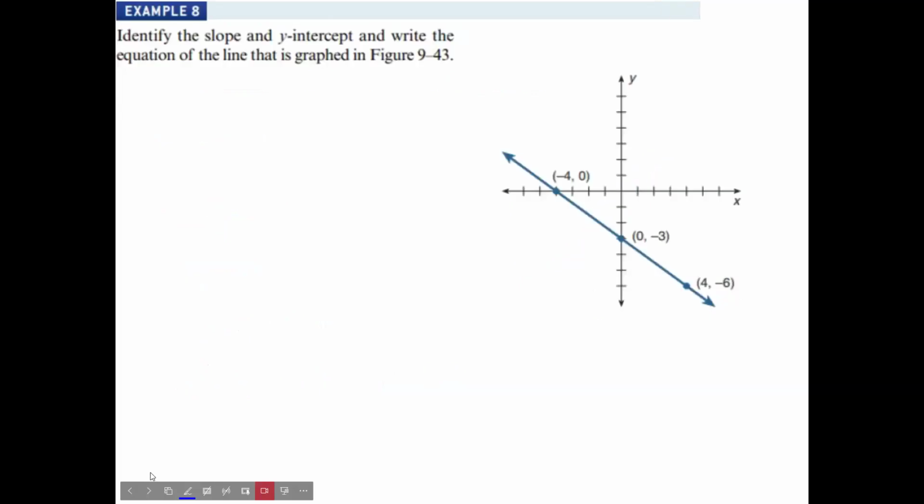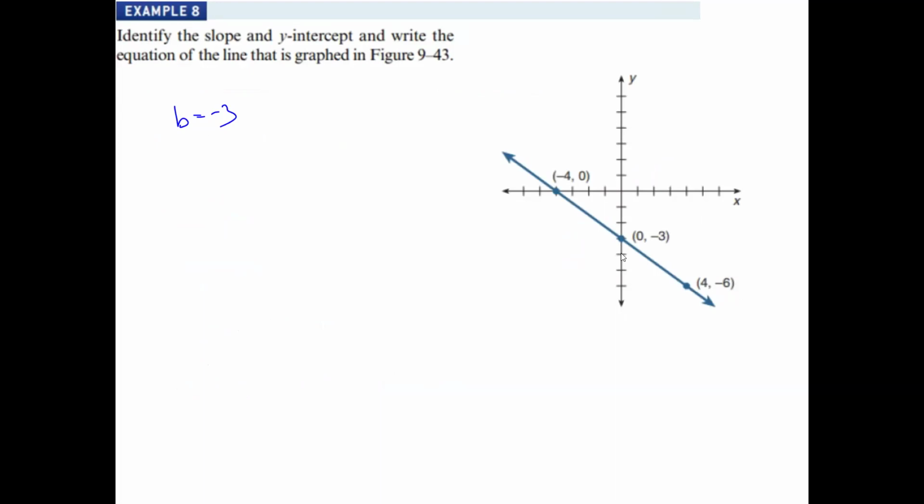Okay, identify the slope and y-intercept and write the equation of the line. So what I have, b is minus 3. Now slope will be negative, yes or yes? So I can think two ways. I know it's declining, so how many points declines? 3 over 1, 2, 3, 4.